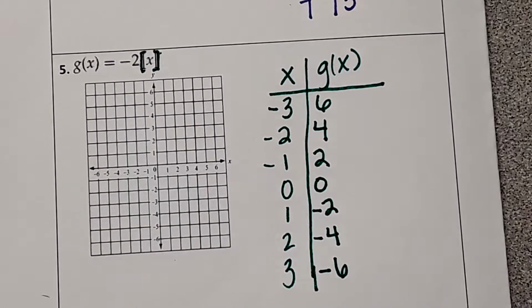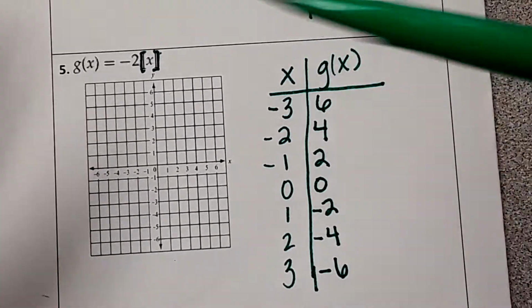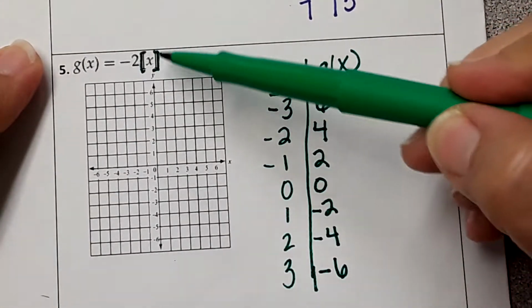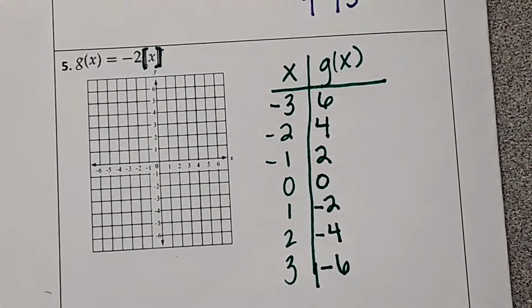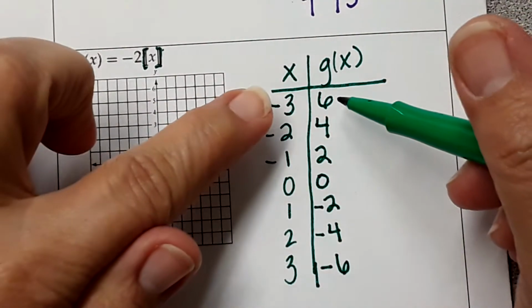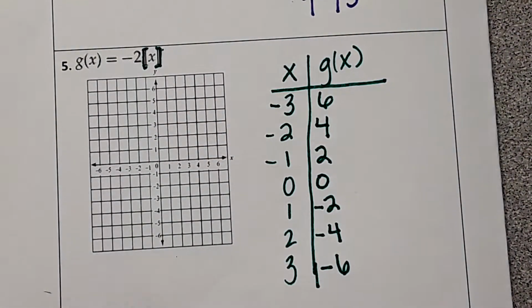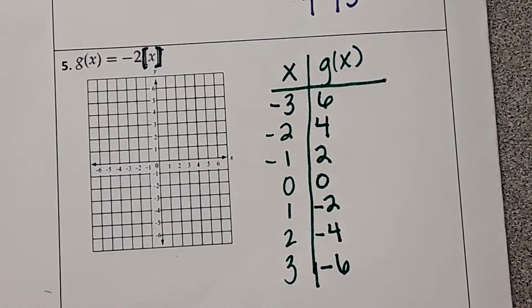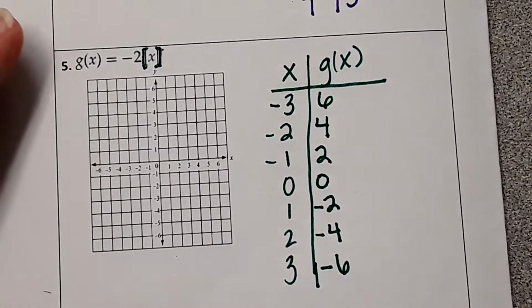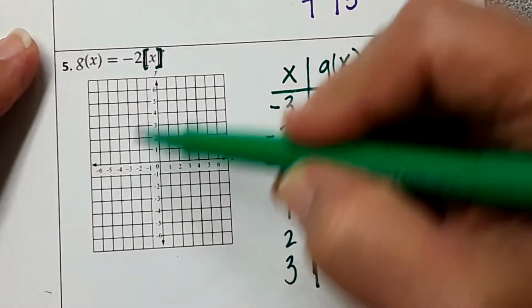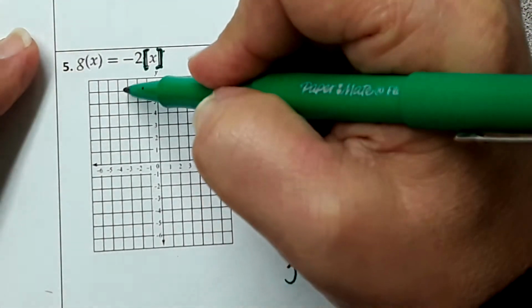Now we're going to graph those points. And at all those points, they're going to be closed circles. The first thing you need to know is that those little symbols around the x mean step function. The second thing you need to know is we're just going to plot these points, and they should be closed circles. So we're going to go to -3 up to 6. -3 to 6.